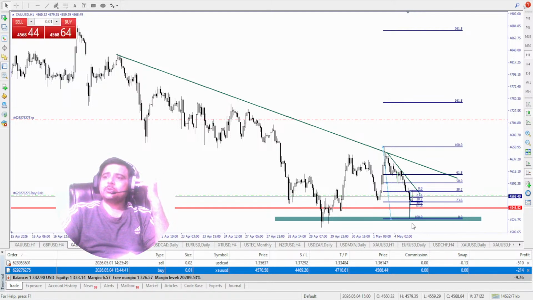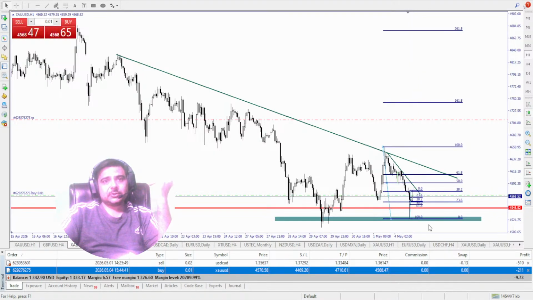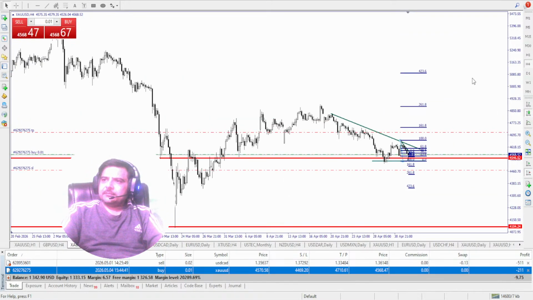It can go near its stop loss, but this is what it is. 0.01 I took, because in such situations I usually lower my lot size, and it will not be forever winning. You see this account is growing, but realistically it will not be growing every time; there will be drops coming in this account.